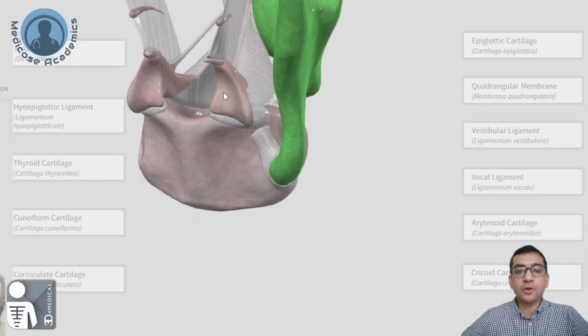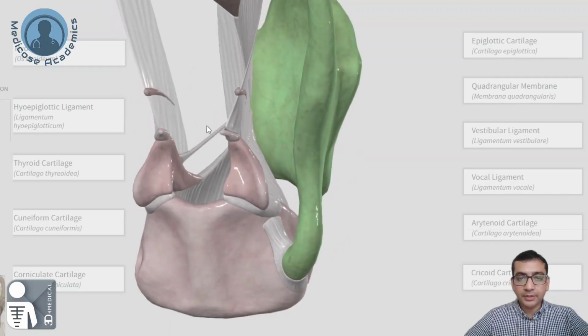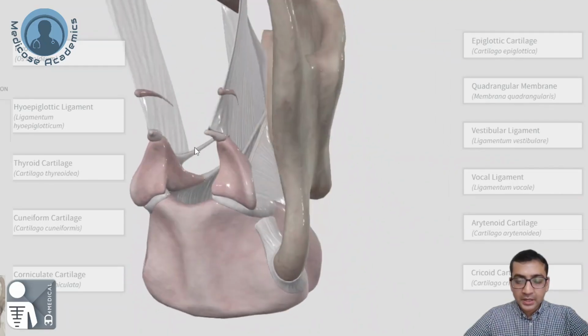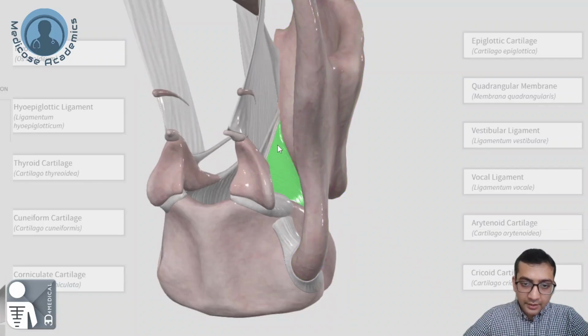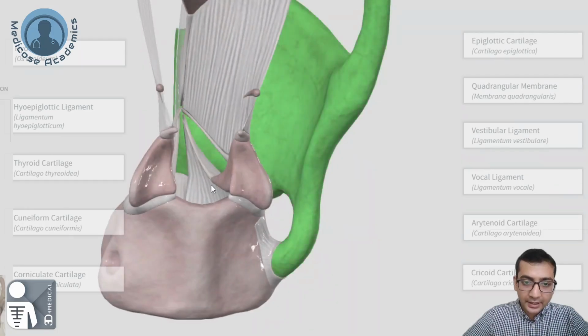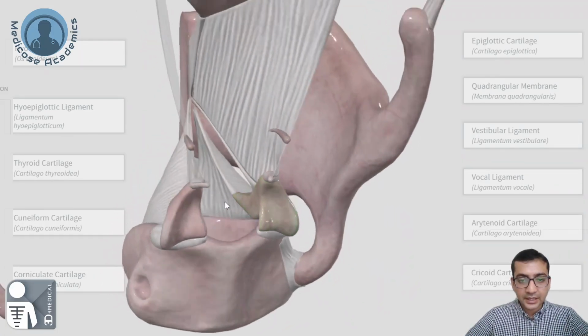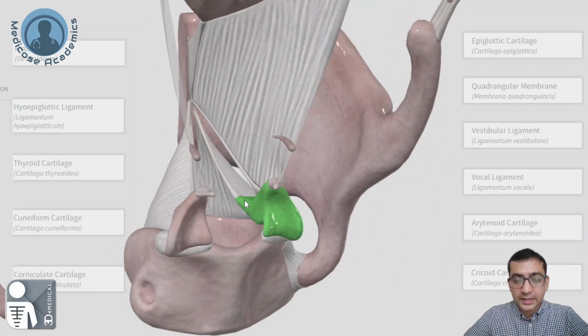Just like we talked about the inferior margin of the quadrangular membrane, here is a similar situation. The upper end of this ligament, anteriorly it is attached to the thyroid cartilage, the median angle, and posteriorly it is attached to the arytenoid cartilage in the anterior process that was known as the vocal process.